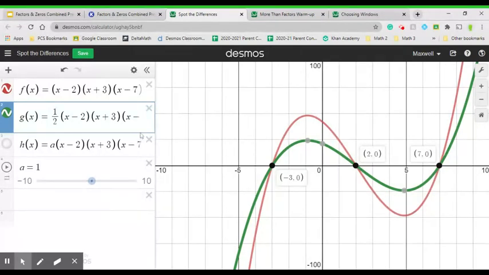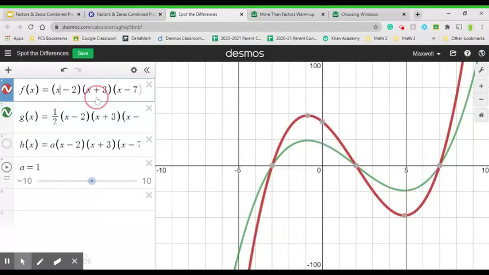If you look at the factors and think about what we discussed in part 1, the x-intercepts are our zeros from each of those factors: -3, 2, and 7. So we have the 2 from this parentheses, and we have x plus 3, making -3 from this one, and then the +7 from the third parentheses. That finishes up how they're similar.